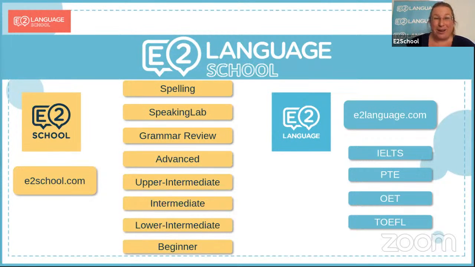So if you've got a question about IELTS or PTE, OET or TOEFL, I would recommend heading over to E2Language.com. That's what they specialize in and they can help you much, much better than I can today. But if you have an E2Language account, we have automatically given you an E2School account as well, so that you can come across to us and use some of the other programs to help build your English up.